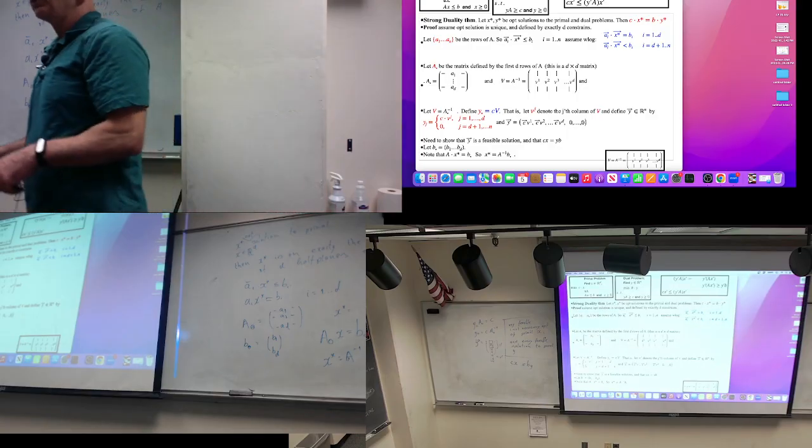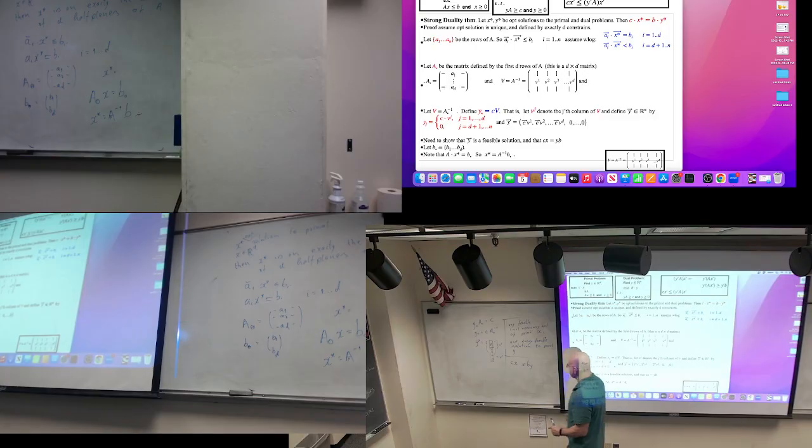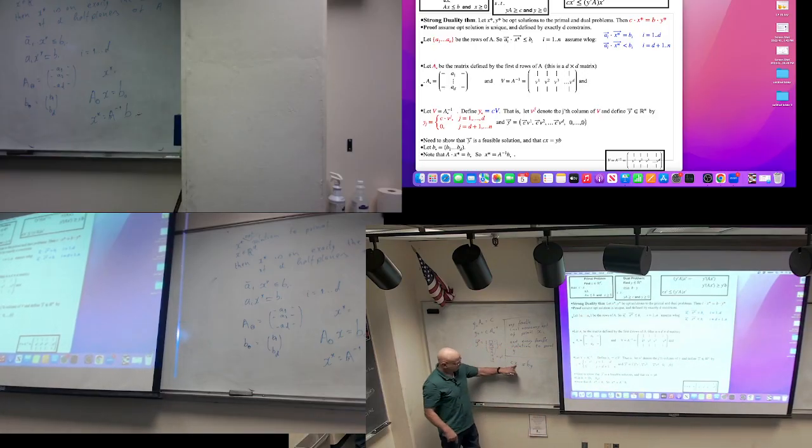And the strong duality theorem said, hey, if it happens that X is the optimum solution and Y is the optimum solution, each one to its own problem, then not only is this larger than this, but they're actually equal to the same value.